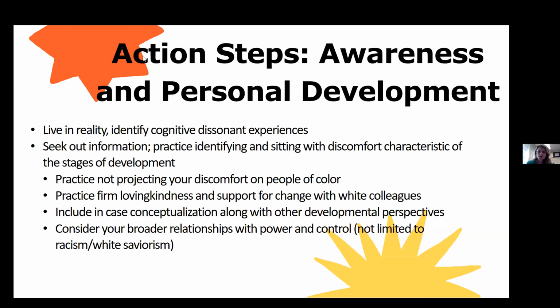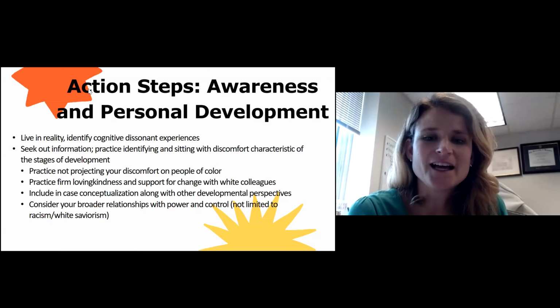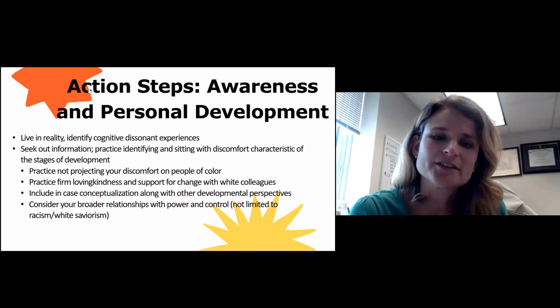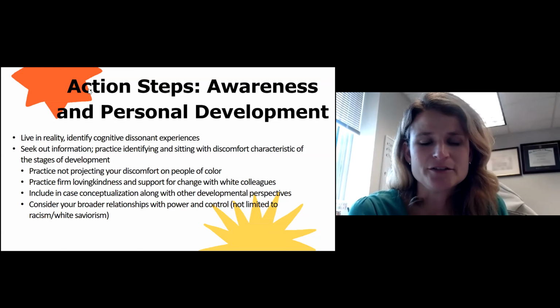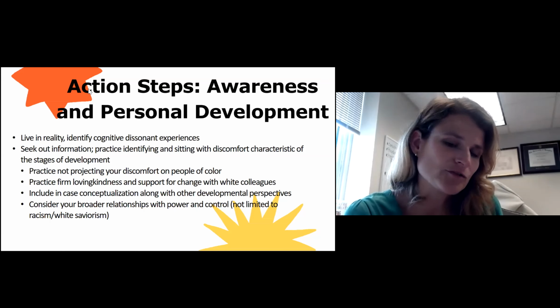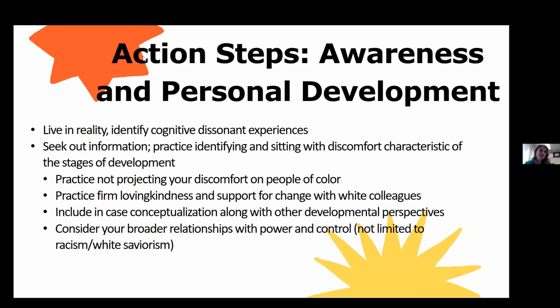So think about your broader relationships with power, especially if you are white. Not just racism, but power more generally, and how you share power with the people around you, and how you feel when maybe you have a lack of control. So really just learning yourself better when it comes to power and control more generally.